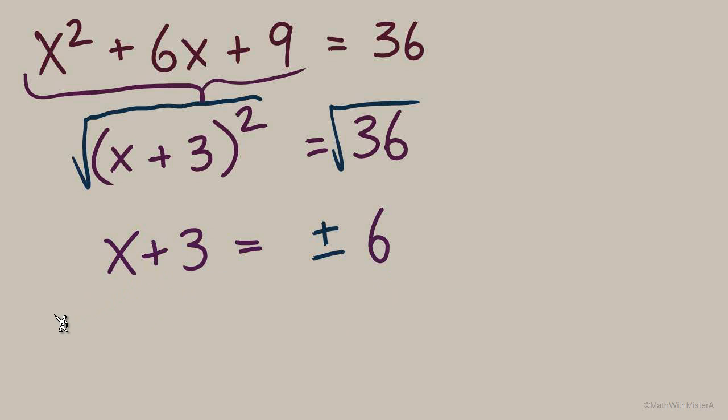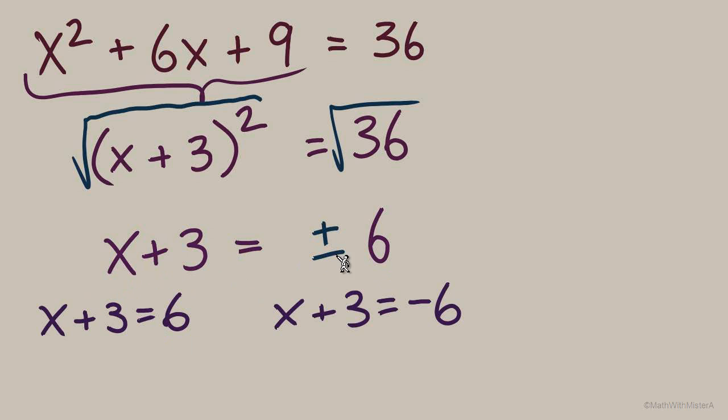We're saying x plus 3 equals positive 6, or x plus 3 equals negative 6. And now, once they are separated into two equations, now let's solve. Subtract the 3 from both sides will lead us to one solution of x equals 3, but another solution of x equals negative 9. So be cautious about how we finish up these solutions when we have to work in the plus minus symbol.